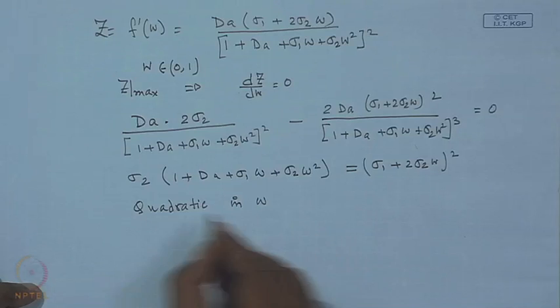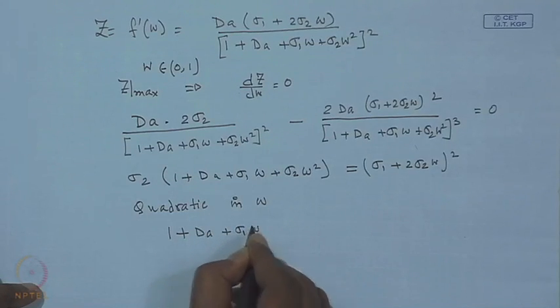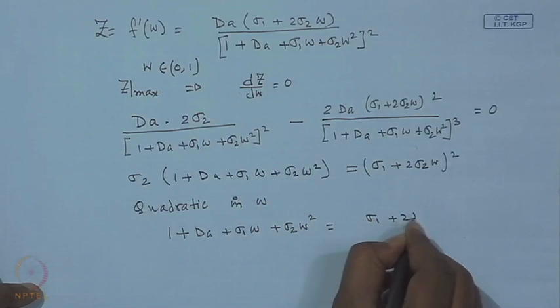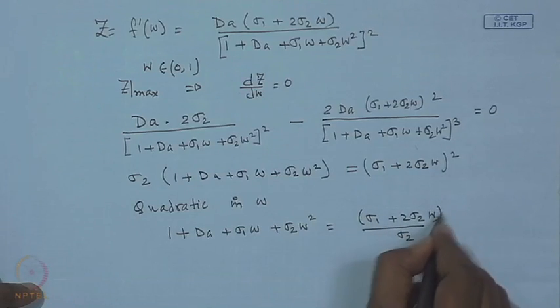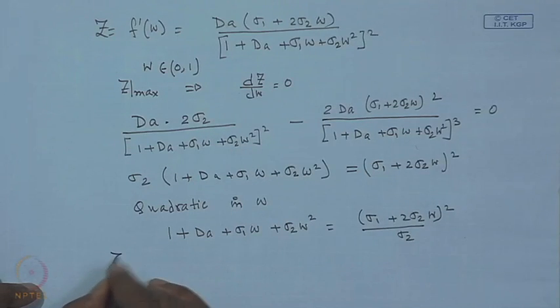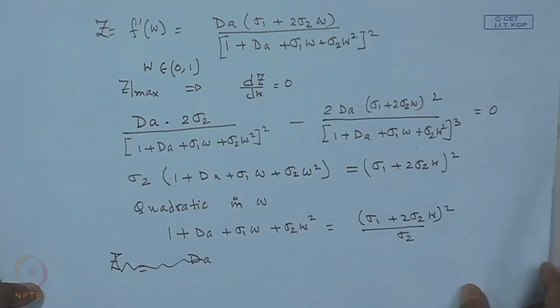So, if we do that, this becomes 1 plus dA plus sigma 1 w plus sigma 2 w square is equal to sigma 1 plus 2 sigma 2 w divided by sigma 2, squared. So, if we are going to substitute it over here, z becomes, okay, we will just write in the next one, next page.